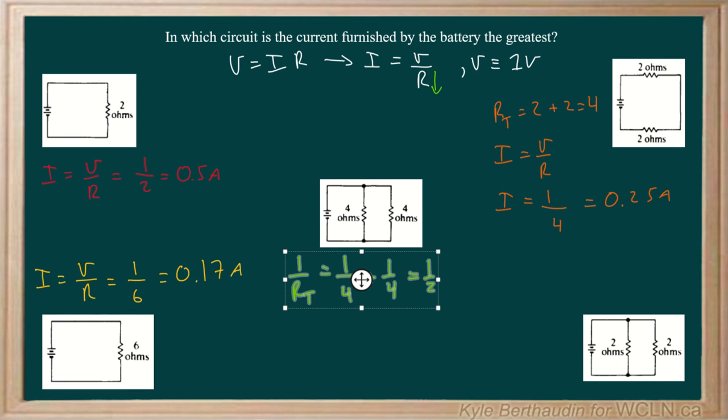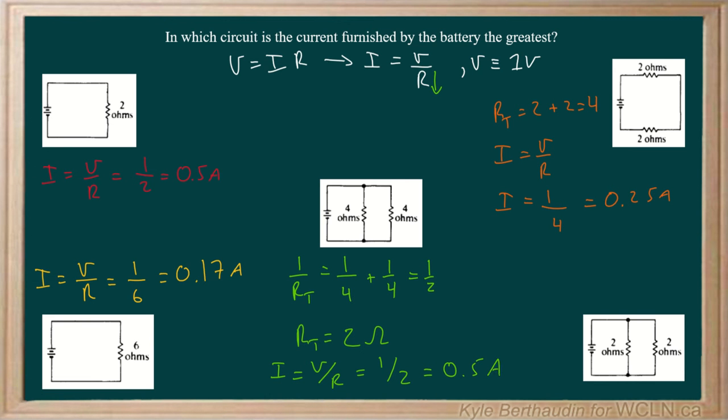Ran out of room there. 1/4 plus 1/4 is a half. And if we cross multiply to find RT, then we will have RT equals 2 ohms. Getting ahead of myself. So going ahead and using Ohm's law, I equals V divided by R. V is 1, R is 2. We get a current of 0.5 amps.